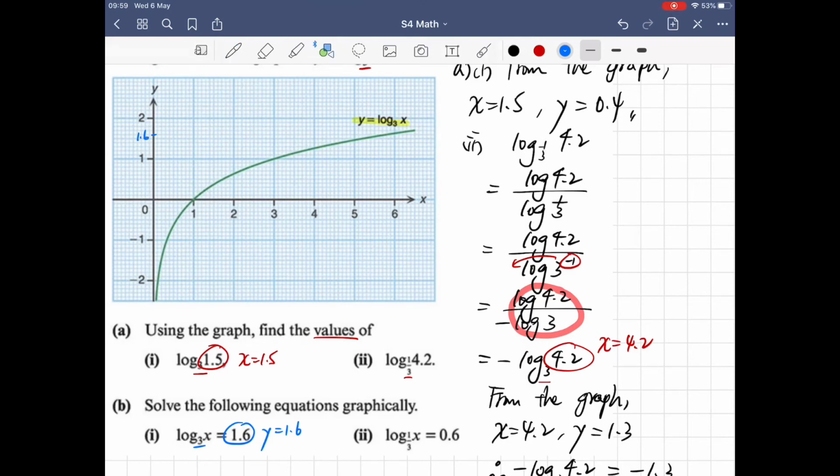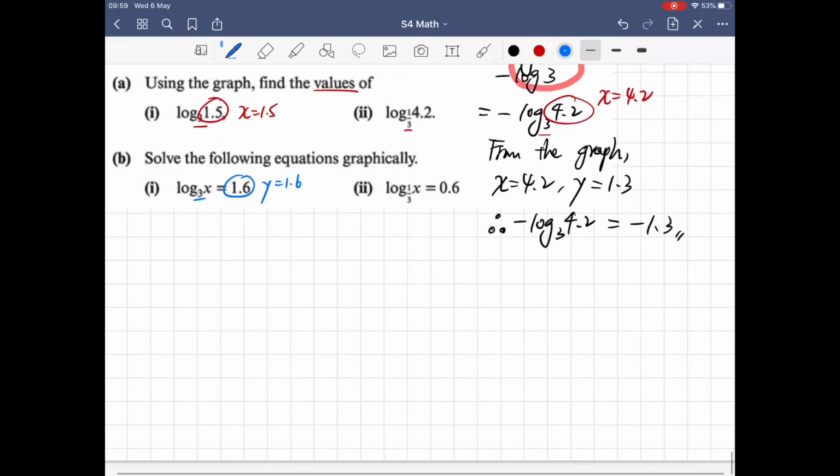And this time we will first draw the horizontal line until it reaches the green line, the log function, and then we'll read the corresponding x value, which is 5.8.